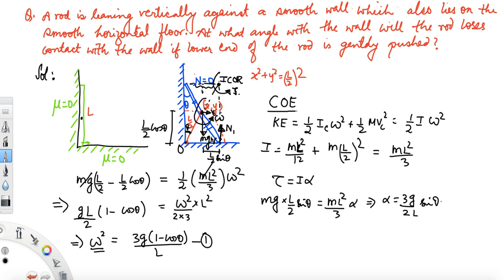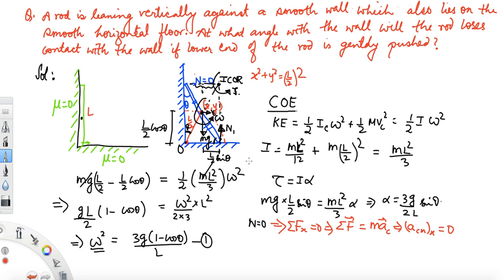Since normal reaction force is equal to 0, in horizontal direction net force is equal to 0. So from F is equal to MAC, mass times acceleration of center of mass, we can also say that acceleration of center of mass in x direction is equal to 0.